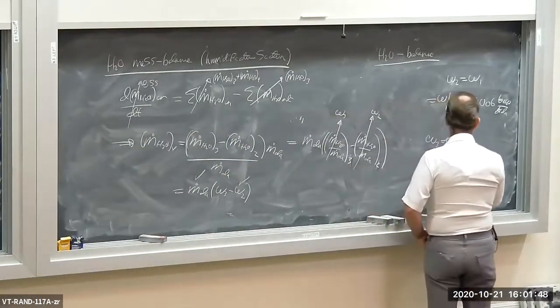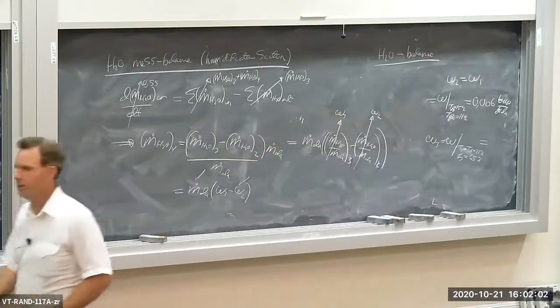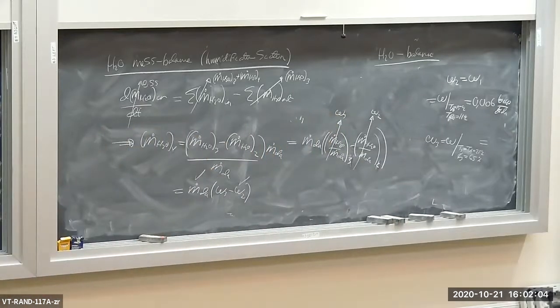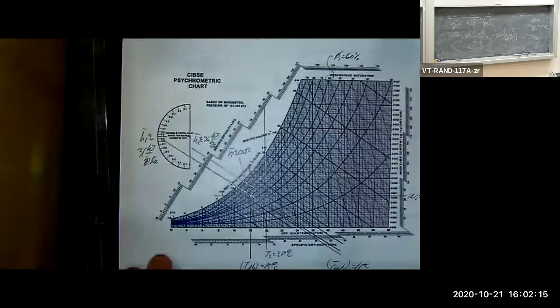So temperature T3, that's a dry bulb temperature, 25 degrees C, and a relative humidity, 65%. I go to the psychrometric chart. Let's go to the psychrometric chart here. 25 degrees for the dry bulb temperature, 65%.